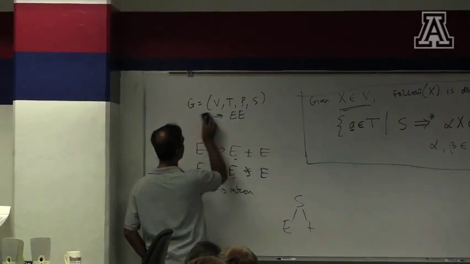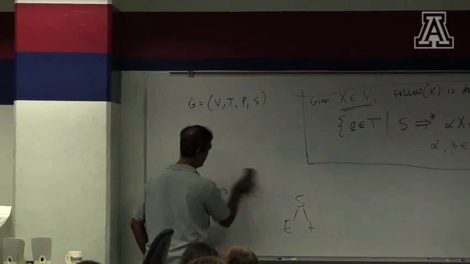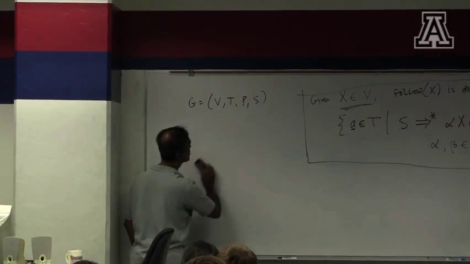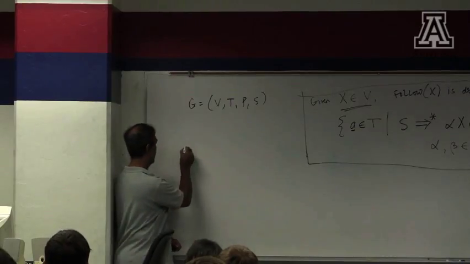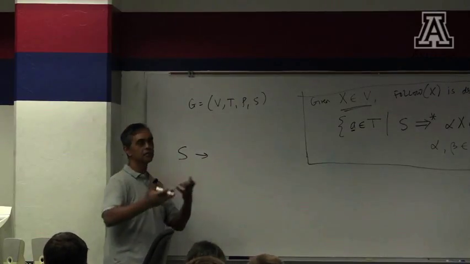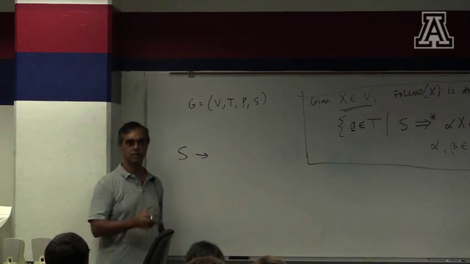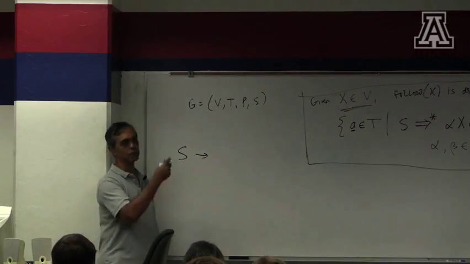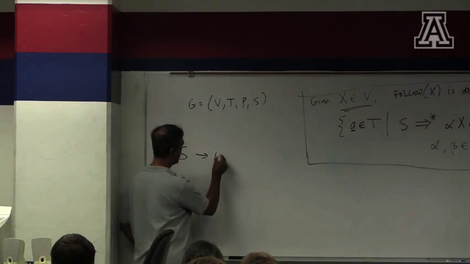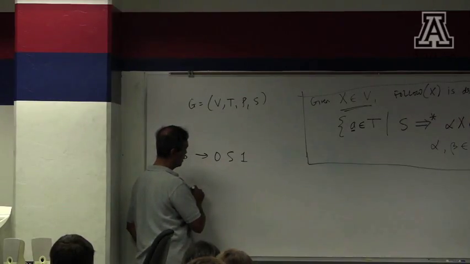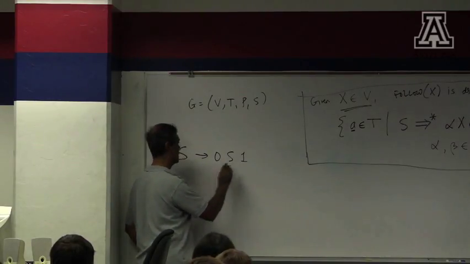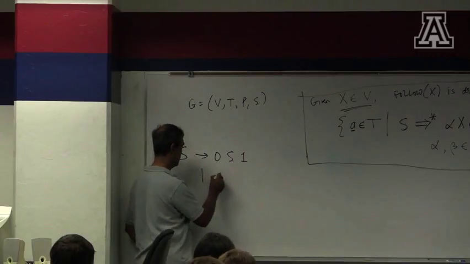I will erase this. Here's a very, very simple grammar. This is my grammar of equal number of zeros and ones: 0^n 1^n. S goes to 0 S 1, or epsilon.